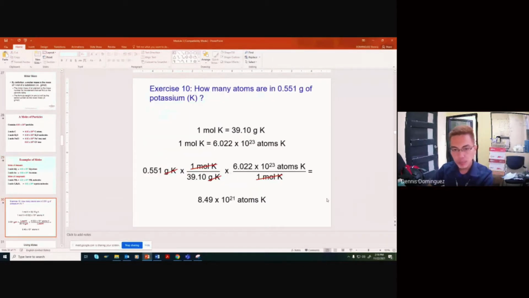So for example, how many atoms are there in 0.551 grams of potassium? So 0.551 grams of potassium.